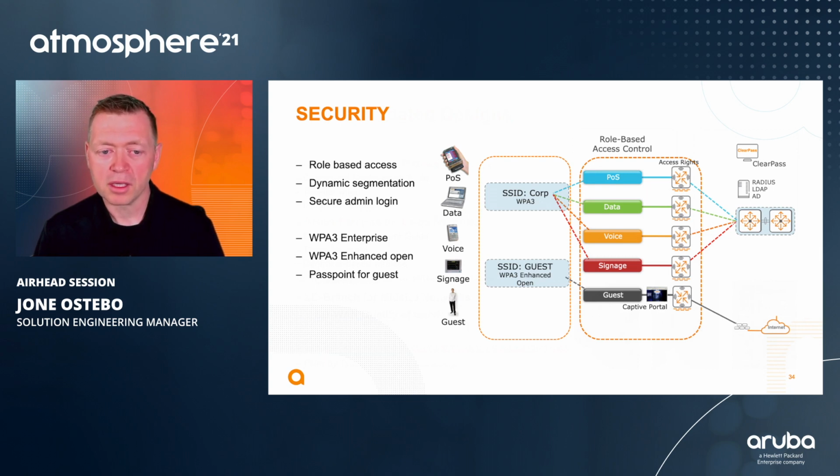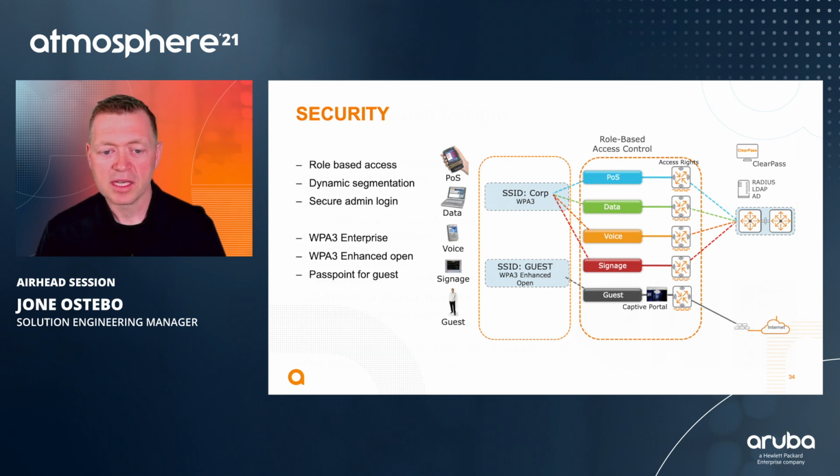Configure your network either using cloud or using gateways or APs locally. Use secure login to your devices. Make sure you're using TACACS or RADIUS authentication of the users to make sure that only trusted users can log into your network. For the client devices, I recommend using WPA3 Enterprise.